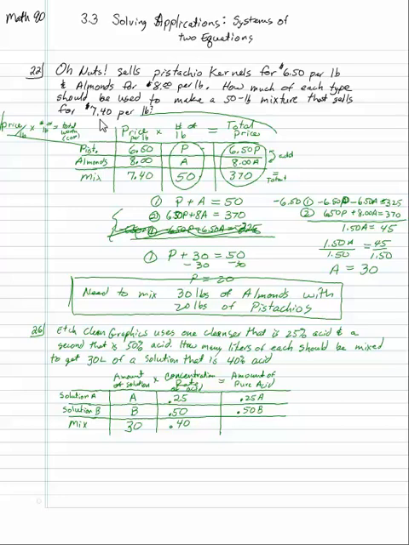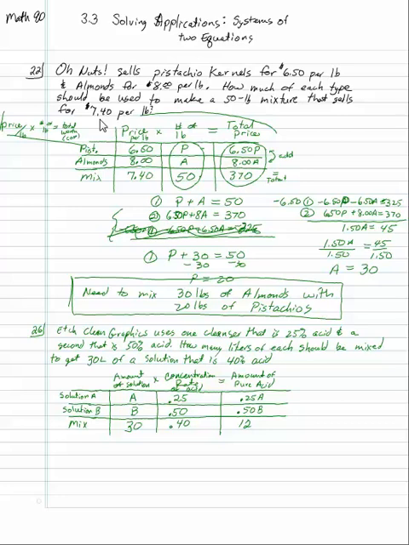And then 30 times 0.4 is 12 liters. So we got 12 liters of pure acid and then 18 liters of whatever the dilute is, like water probably. Well, it won't be water, but anyway.